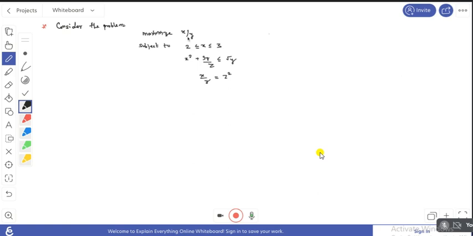Here the variables are x, y, z, and these are all real, so the variables x, y, z belong to the real numbers R. This is your implicit function, and this is also your implicit function of x, y, z.